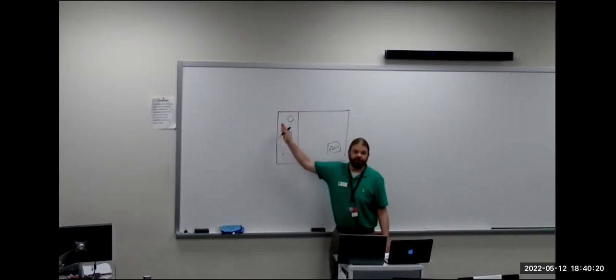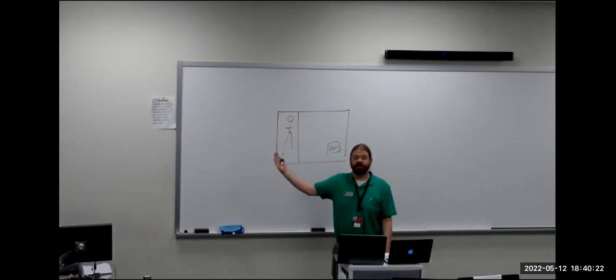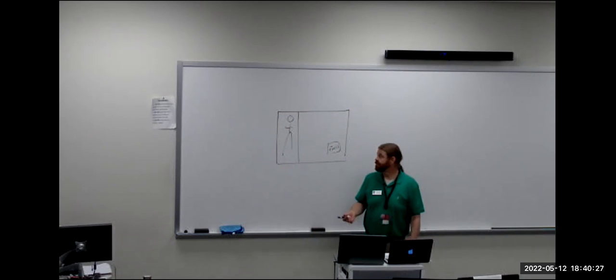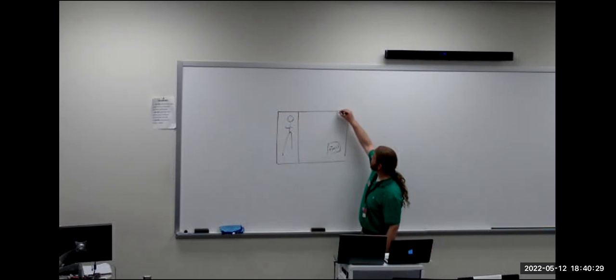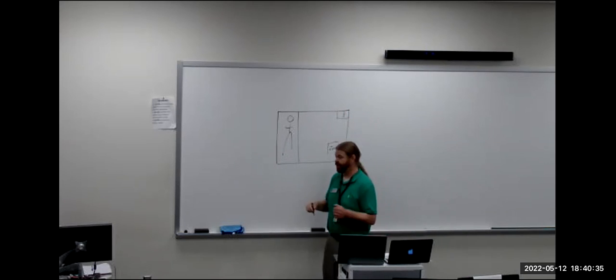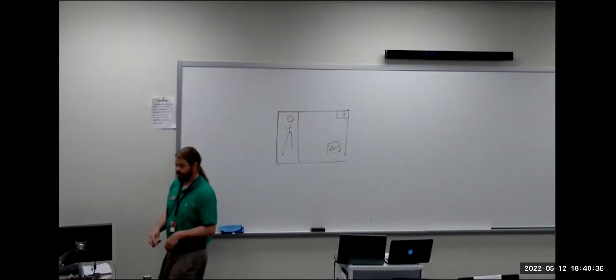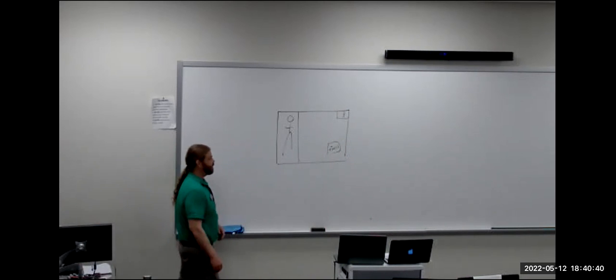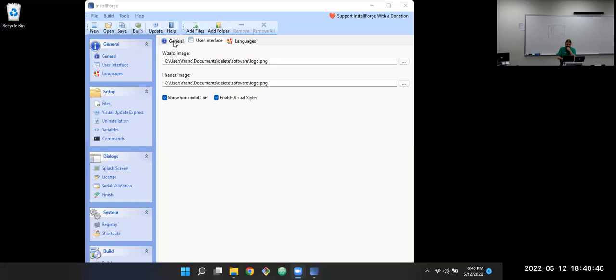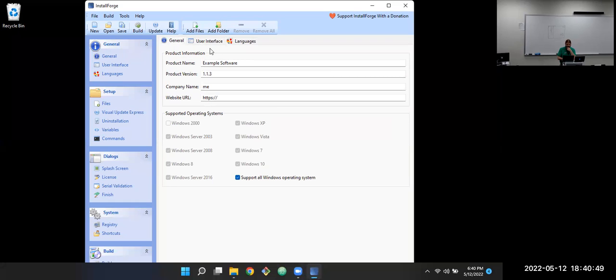And the big picture over on that side was only on the first and last dialogues in the wizard, but there was also a little picture up here. So the big one's the wizard picture and the little one's the header picture. It wouldn't take very many passes to figure out which one's which. Probably could have pointed at those when we were looking at a wizard just a moment ago. Might as well use our own logo though. So that's all of the general tab.